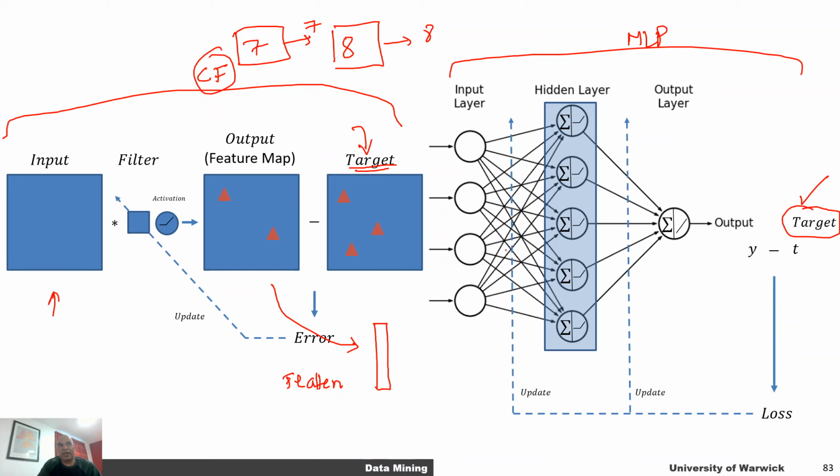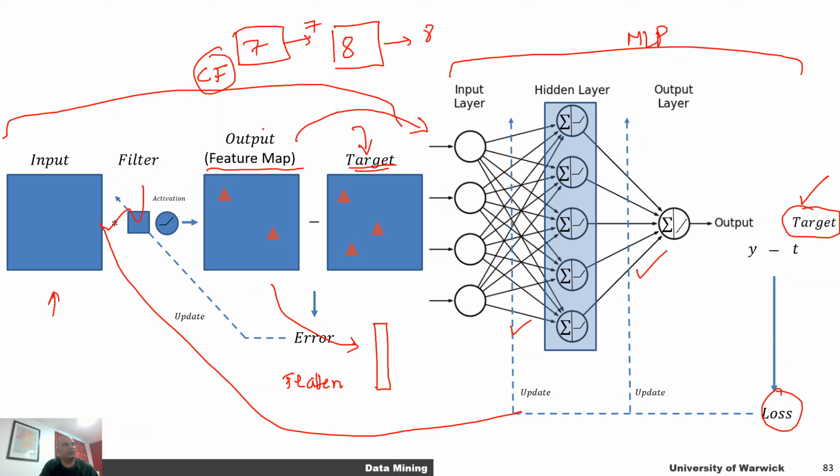We can overcome that problem by simply feeding the output that it produces into the input of the multi-layer perceptron by flattening it, and then using this error signal to update not only these weights but also the weights of this filter. Sorry for the horrible line, but I hope you get the idea.